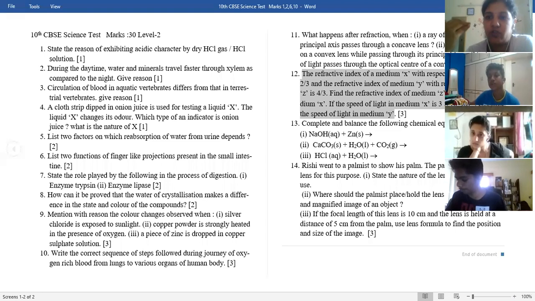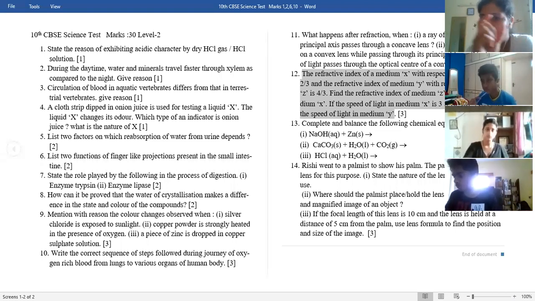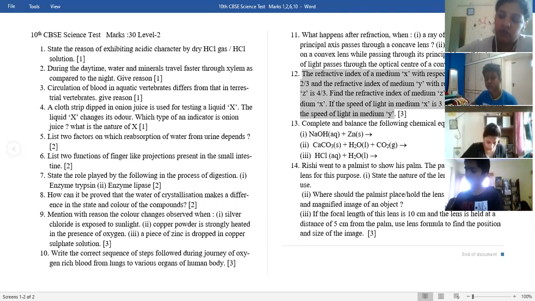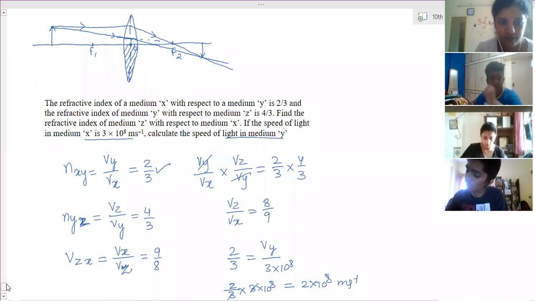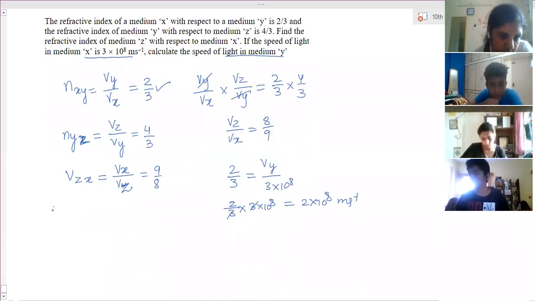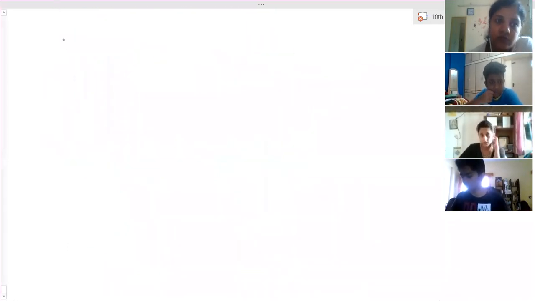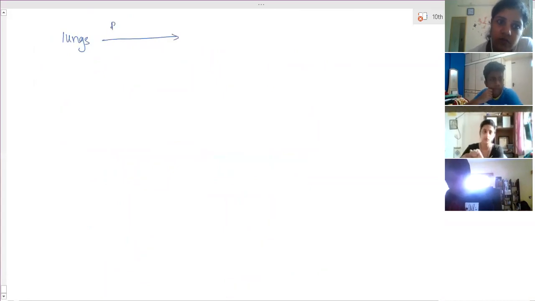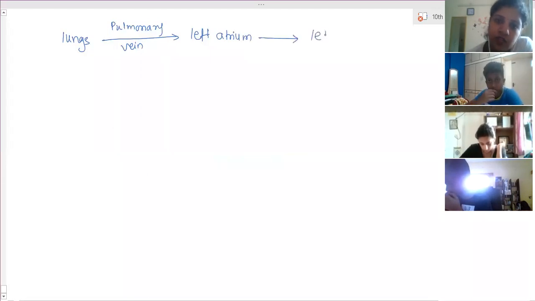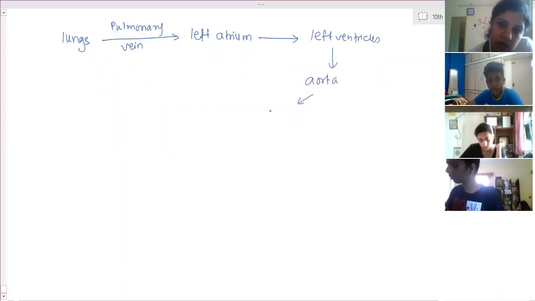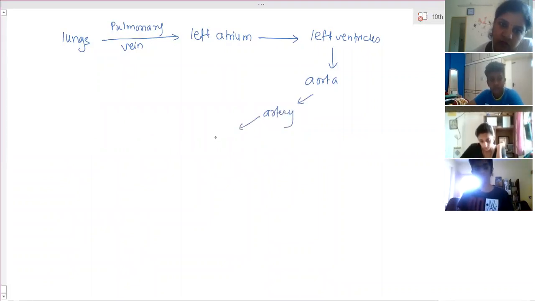And you have to explain this, and also draw the flow chart. In the flow chart, lungs, on the arrow pulmonary vein, into left atrium, through left ventricle, to aorta, artery, capillary, and cell.